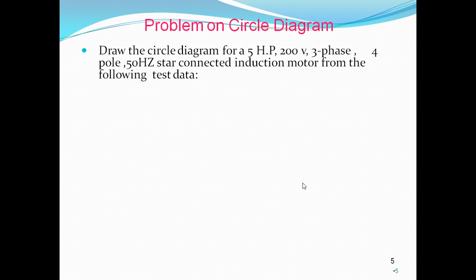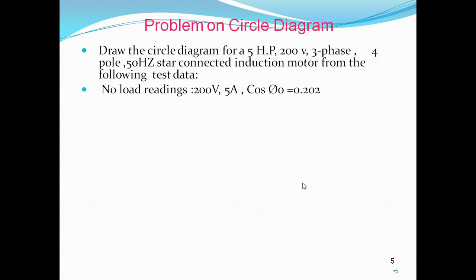So he has given a problem: draw the circle diagram for a 5 HP, 200 volts, three phase, 4 pole, 50 Hz, star connected induction motor for the following data.